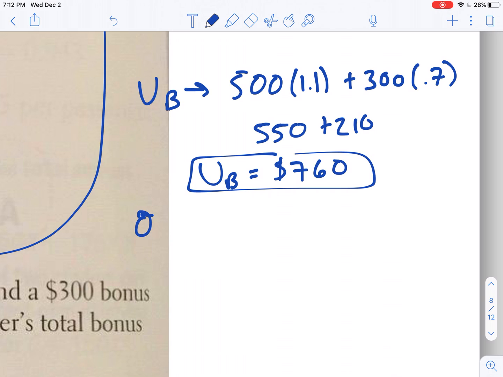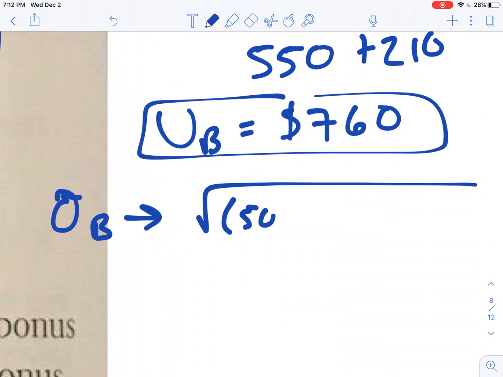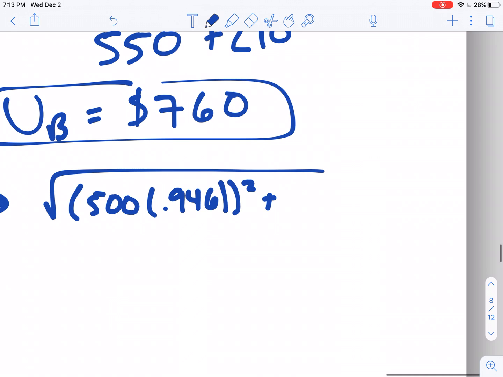The standard deviation of B is a little bit weirder because first we have to figure out the standard deviation of the cost. So this is the square root of 500 times 0.946 squared plus 300 times 0.7, and that's not 0.7, that's 0.64.